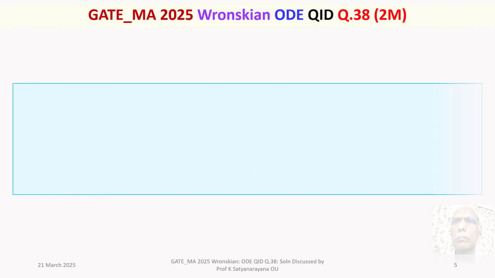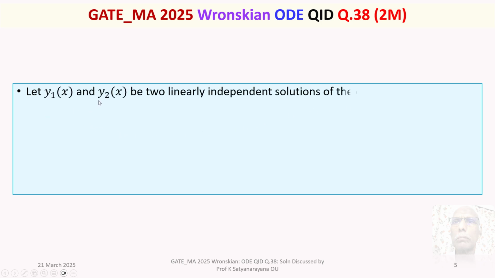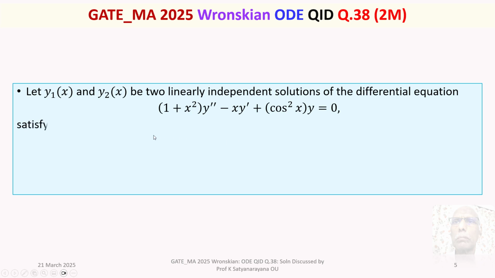The given question is: let y1 of x and y2 of x be two linearly independent solutions of the differential equation (1 plus x square) y double prime minus x y prime plus (cos square x) y equals 0.